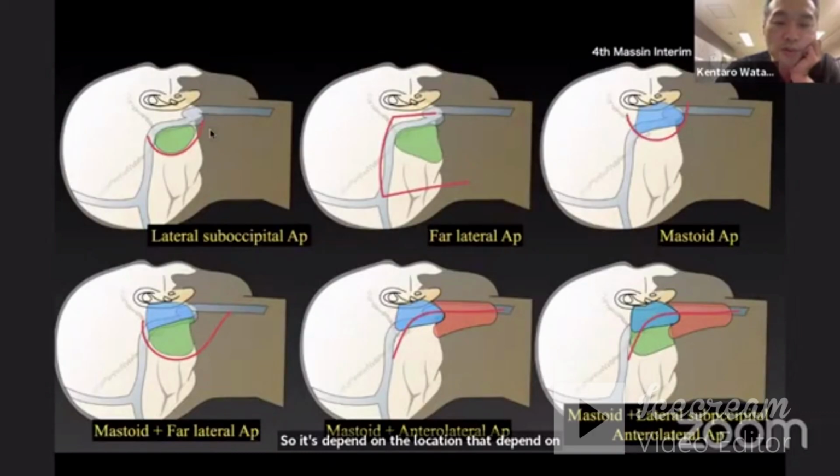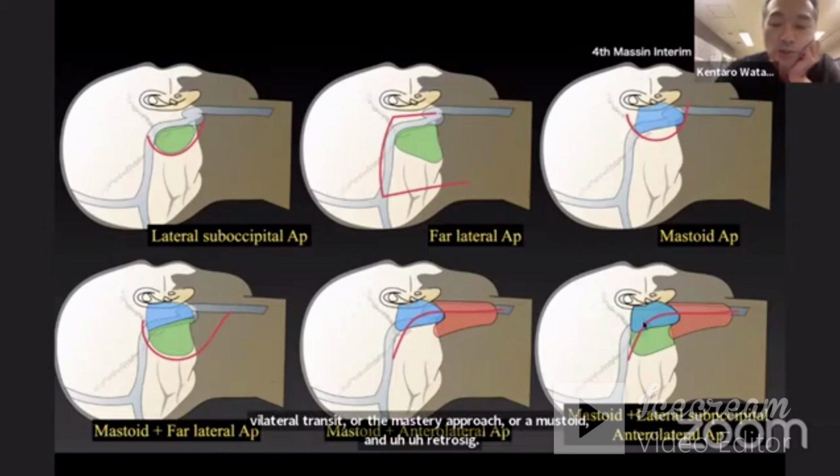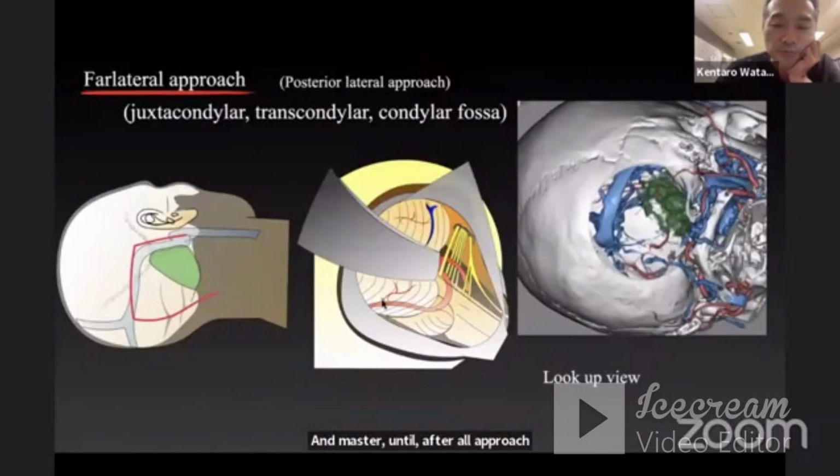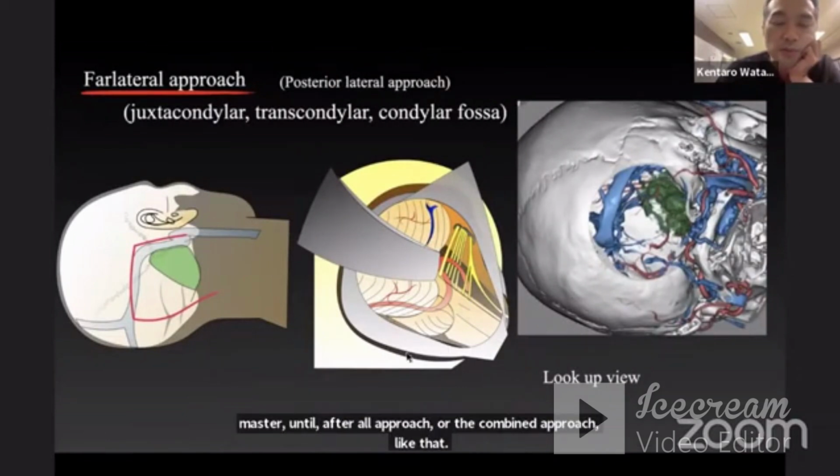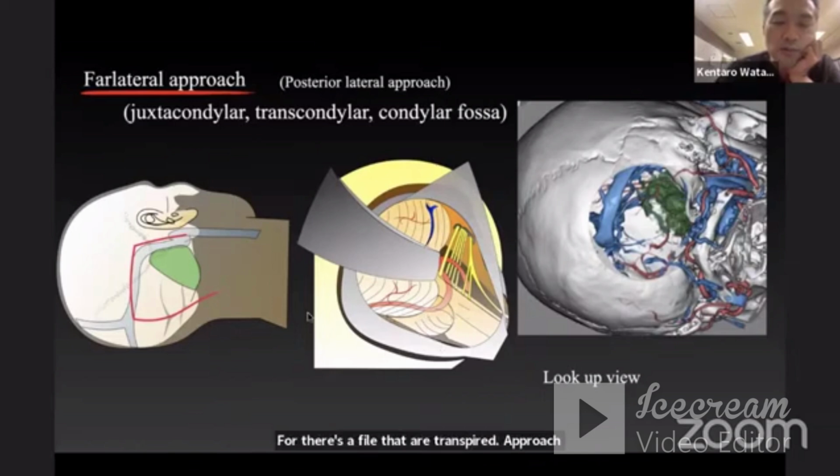So you can select the approaches: the retrosigmoid approach, the far lateral transcondylar, or the mastoid approach, or mastoid and retrosigmoid, or anterolateral approach, or a combined approach like that. The far lateral transcondylar approach is the most useful approach to access the jugular foramen.